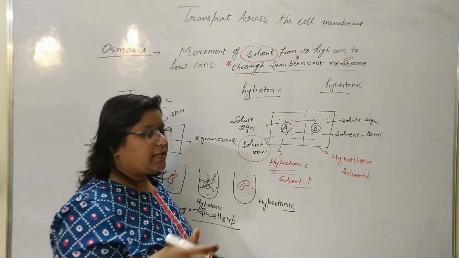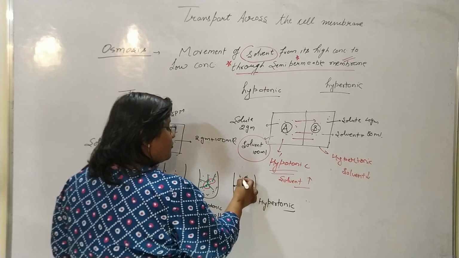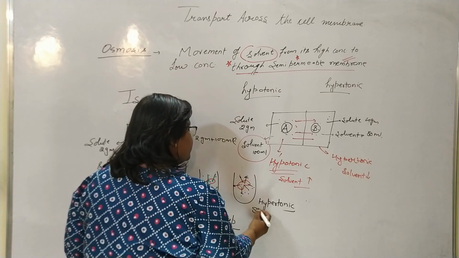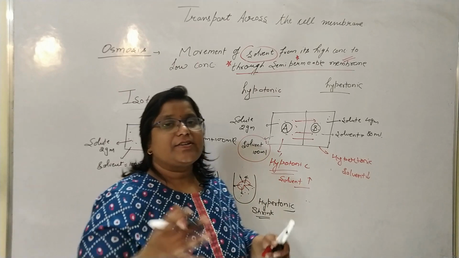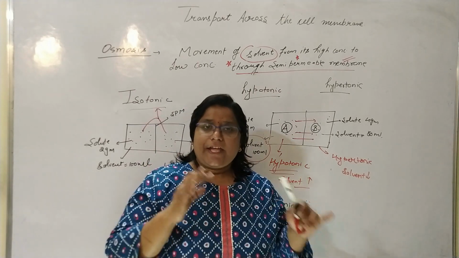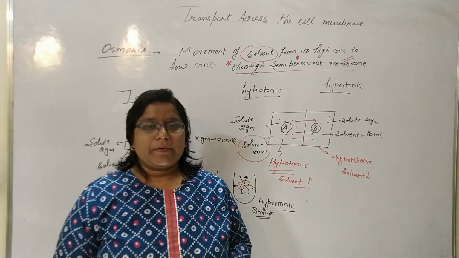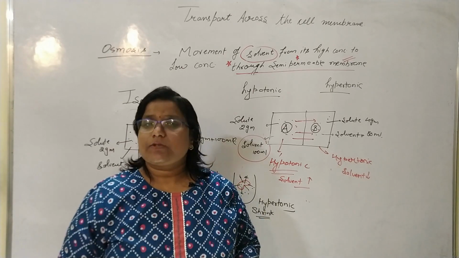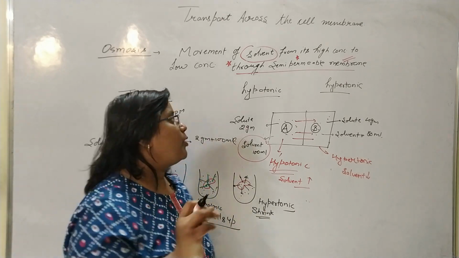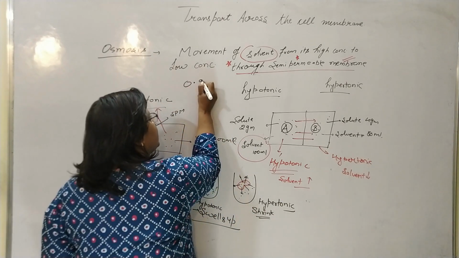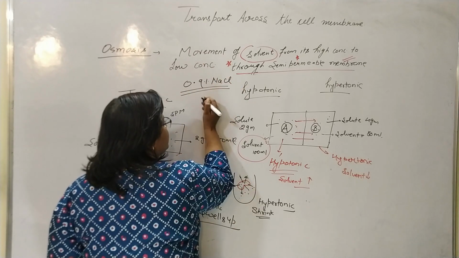So automatically the water molecules will move out and the RBCs will shrink. Like that, the movement of water molecules occurs through the semi-permeable membrane, and this holds for osmosis.